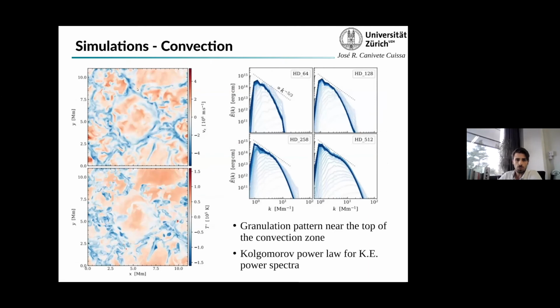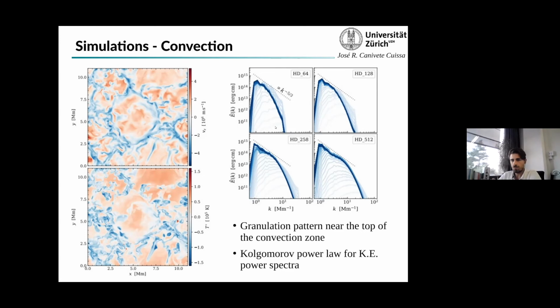Here I'm showing you on the left the vertical velocity and temperature perturbations for a horizontal slice near the top of the convection zone, just to show you again this granulation pattern that's quite similar to what we saw for the solar surface. And here on the right, I'm showing you the evolution of the kinetic energy power spectra for the different simulations.